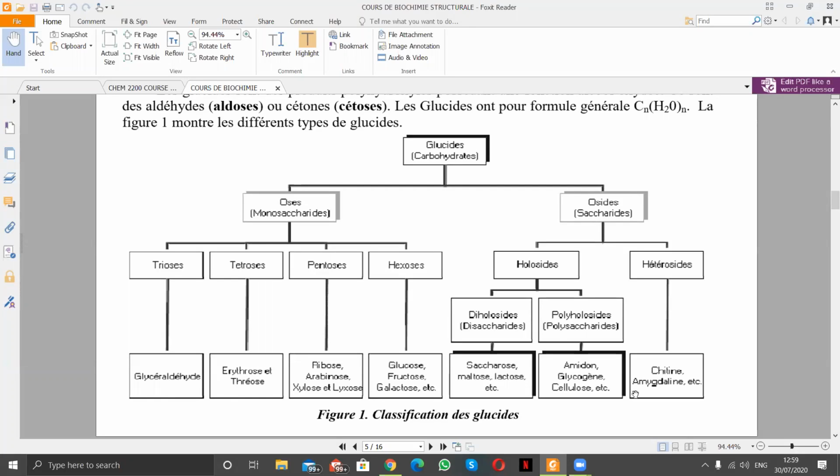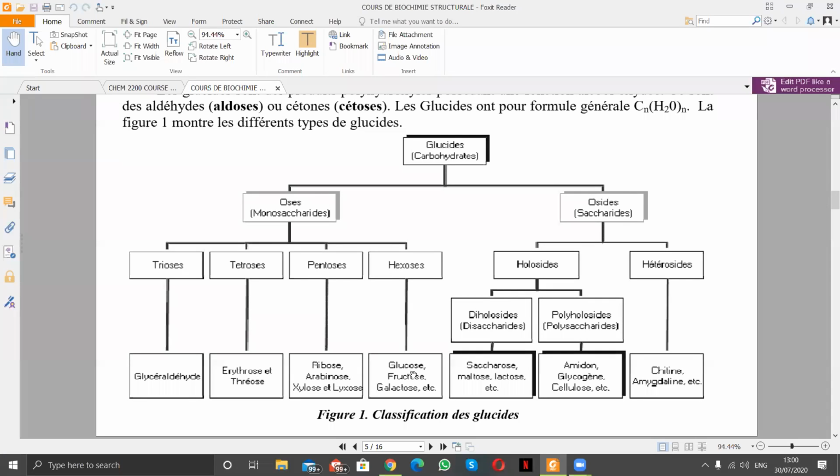In simple terms, they are composed of more than one type of monosaccharide, different ones. There's more than one type of saccharide unit, which can be glucose, fructose, galactose, and so on and so forth.